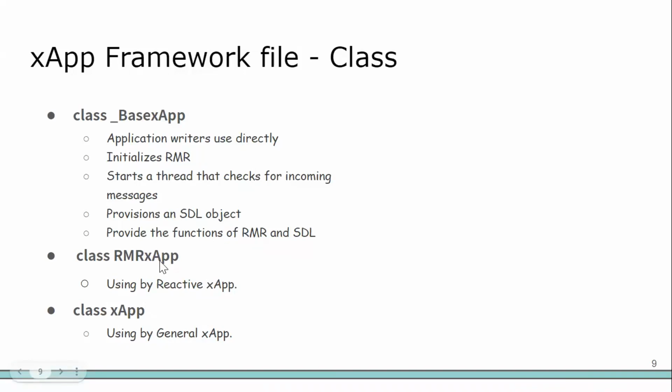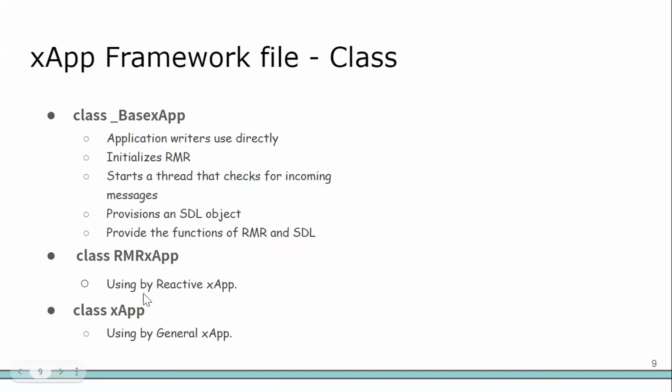Okay, and the next class is RMR xApp. This class inherits from the base xApp, and it can be used to design the reactive xApp, and the xApp writer can use the run function. When an RMR message arrives, it will have the appropriate callback for the message type.